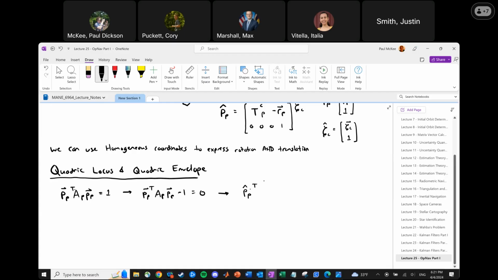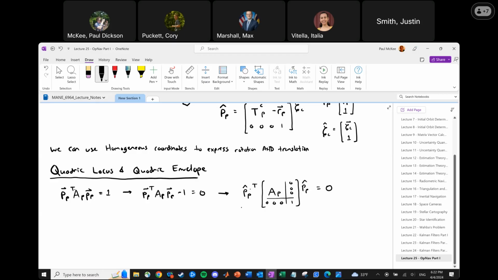Transpose, and then some matrix that looks like this: A_P, 0, 0, 0, 0, 0, 0, 1. So it's going to be a 4x4 matrix, multiplied by P hat again is 0.